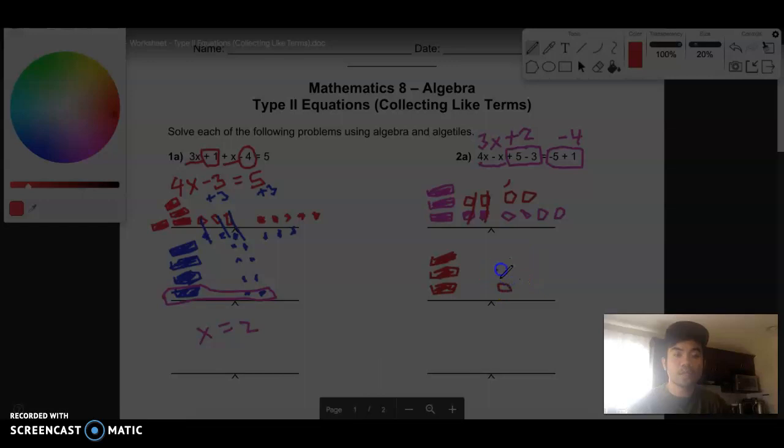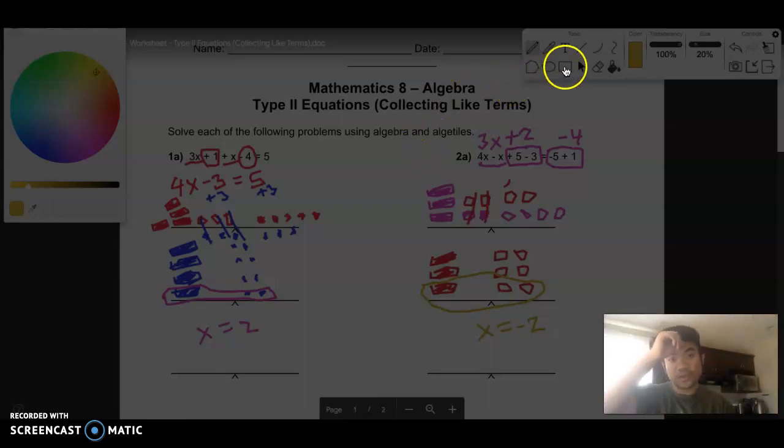And just like before, it is all even, which means x equals negative 2. Okay, so that is the solution for the first two questions.